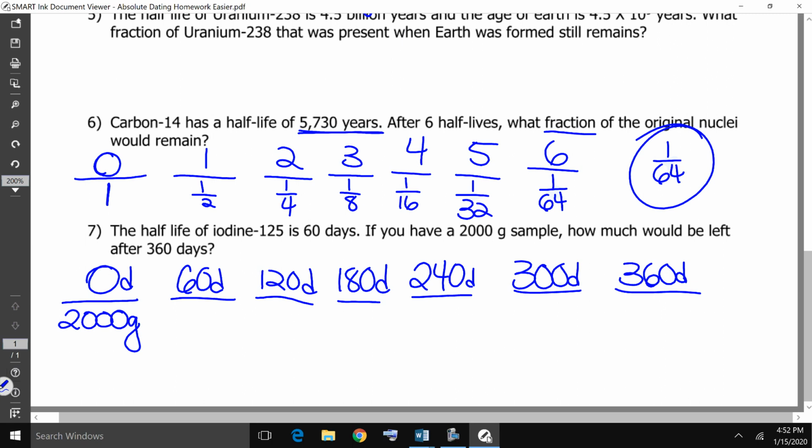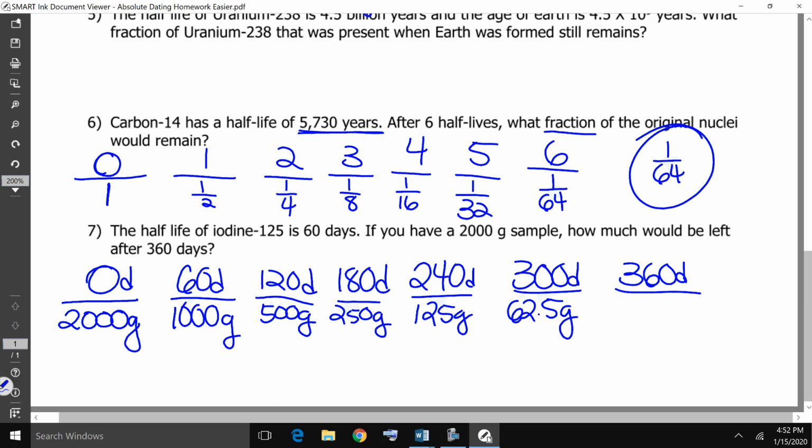Now on the bottom, I'm going to go straight across. 2,000 divided by 2 is 1,000. 1,000 divided by 2 is 500. 500 divided by 2 is 250. 250 divided by 2 is 125. 125 divided by 2 is 62.5.